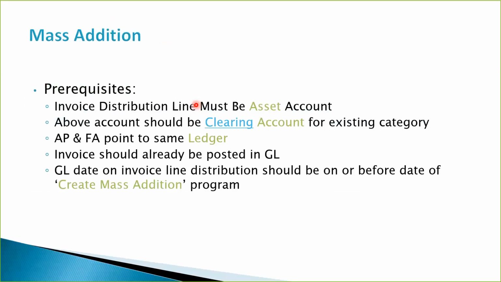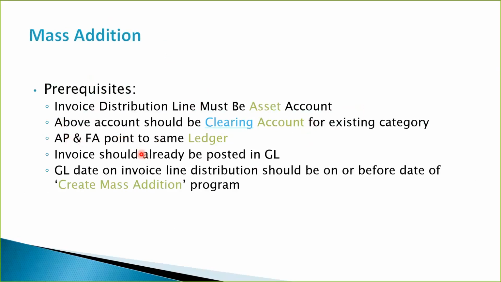So let's go back to our prerequisites. The account should be a clearing account, and it should be defined for an existing category. And then payables and FA should point to the same ledger.